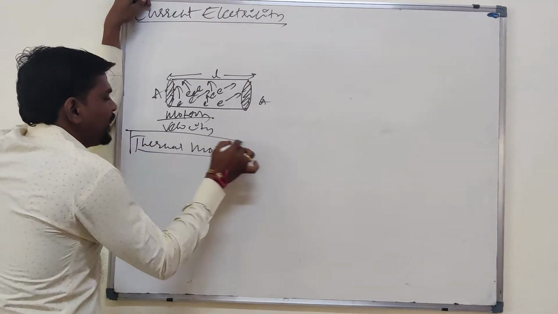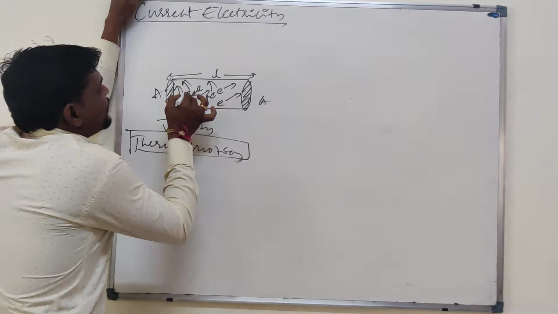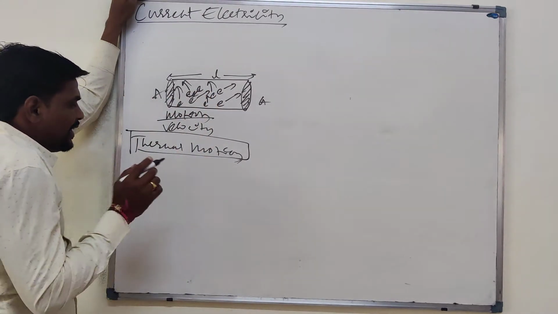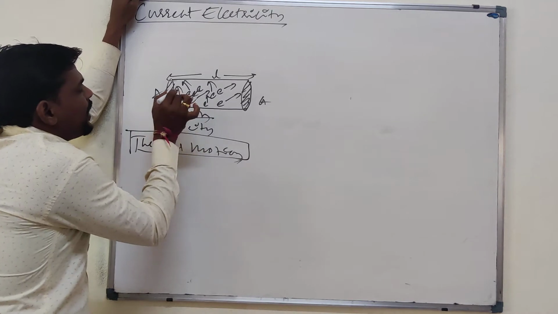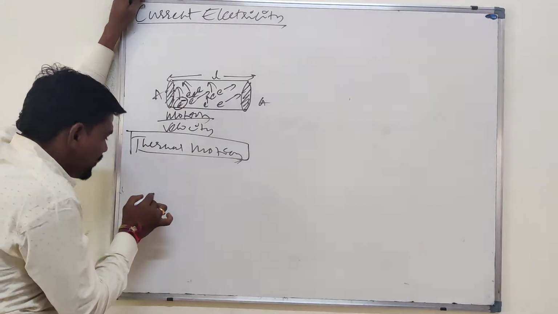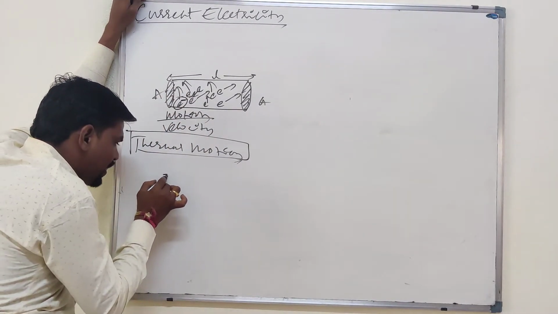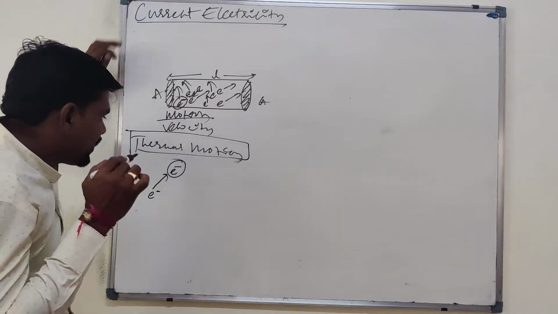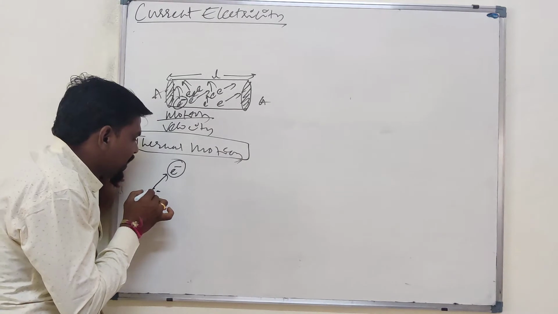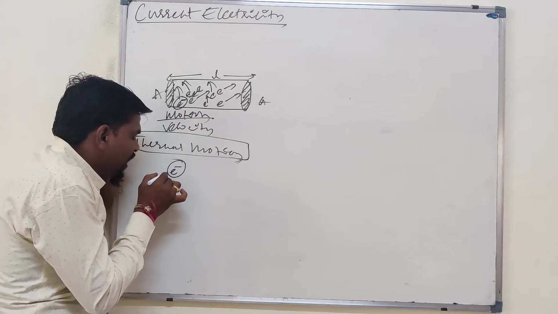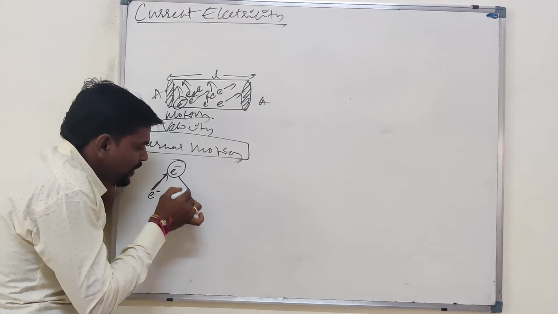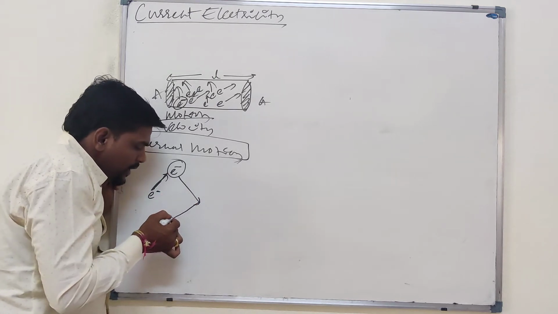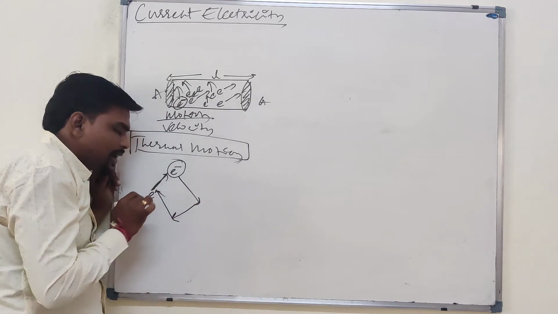When these collide with one another, consider this electron. If the electron is moving like this, there is another electron. If this electron collides with this one, it comes back, or moves like this. Again it comes back like this.